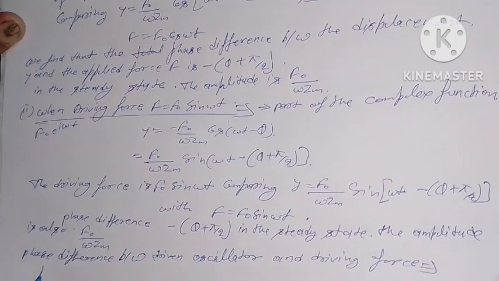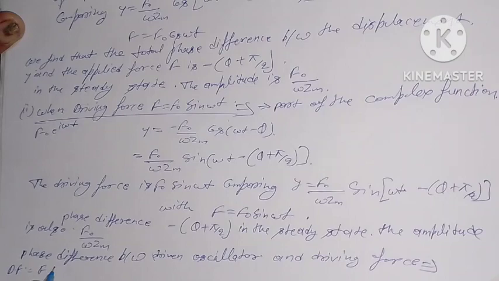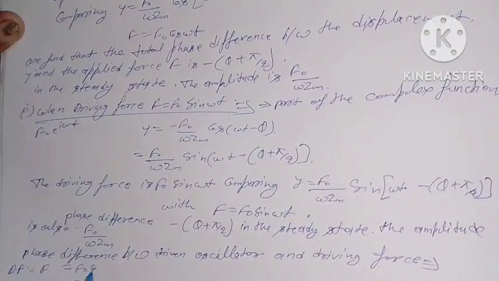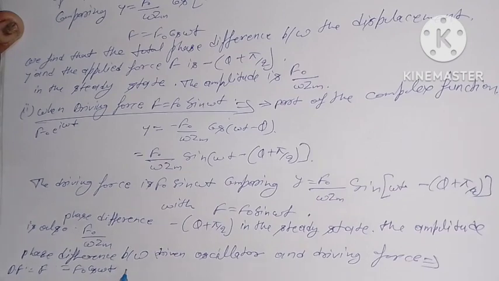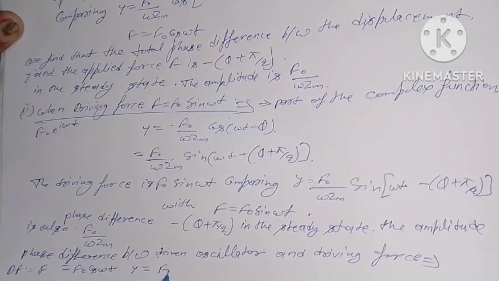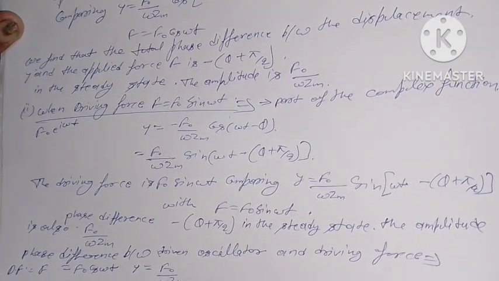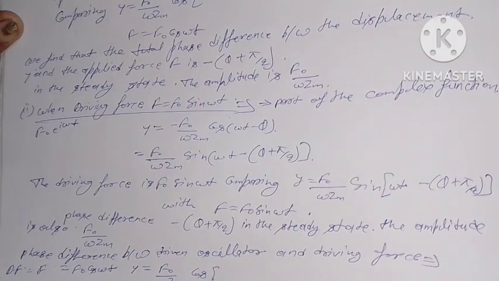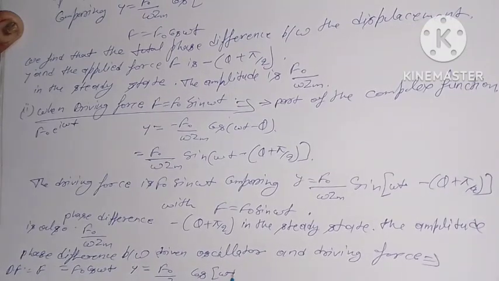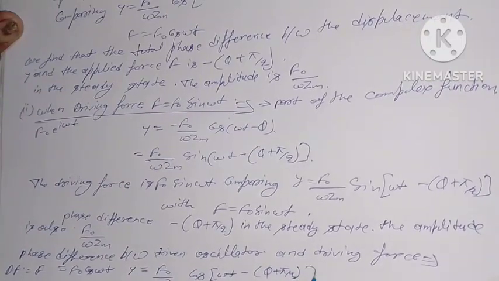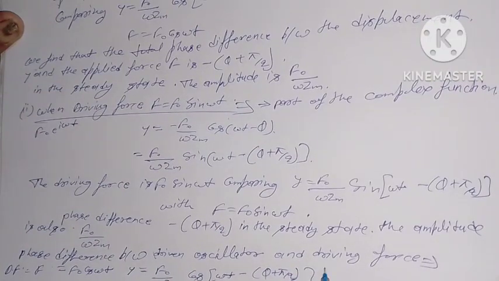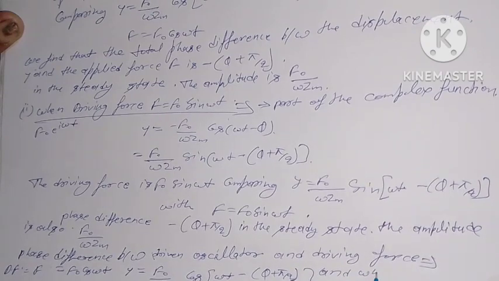Driven oscillator and driving force. We have proved above that when the driving force F equals F naught cos omega t, the displacement y equals F naught upon omega Zm cos(omega t minus phi plus pi by 2).